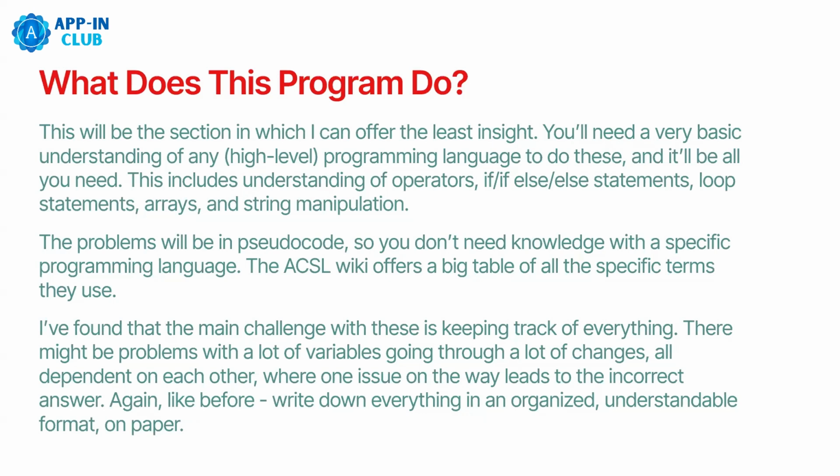Again, like I've said a lot of times before, just try and write down everything in an organized and understandable format on paper. Go through every step. When I do the problem, I like to make a table where I list down each variable and mark down the changes they go through within each step, just to make sure that everything's fine.